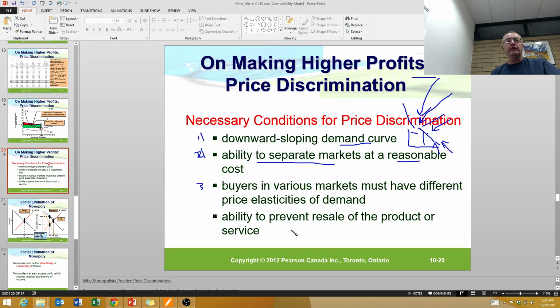Okay, and then the fourth condition for vendors to be able to practice price discrimination is that the buyers cannot be able to resell the product to someone else. I mean, the people that buy the product at a low price cannot be able to resell it to someone in the higher market, so that the customer gains the profits rather than the vendors.